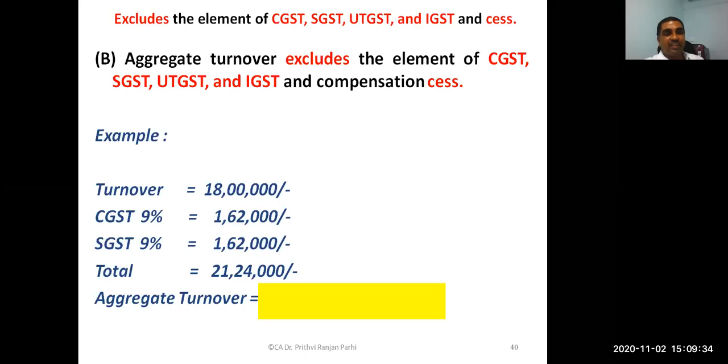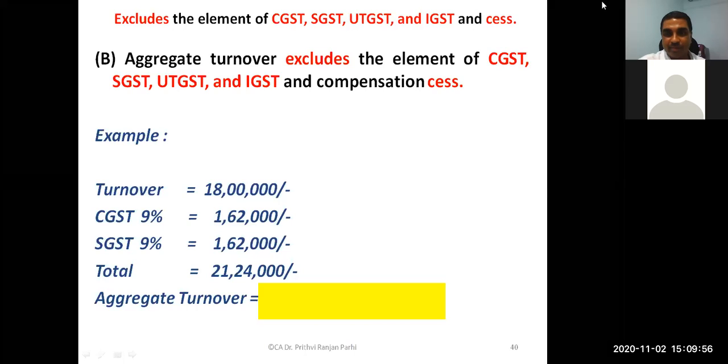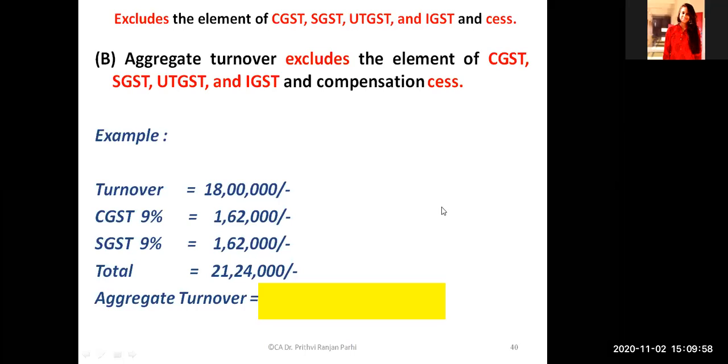What I'm asking is, is it 18 lakh or is it 21,24,000? If threshold limit is 20 lakh, then whether GST registration is required here or not. Can you tell me what is aggregate turnover? Drishti, can you reply?